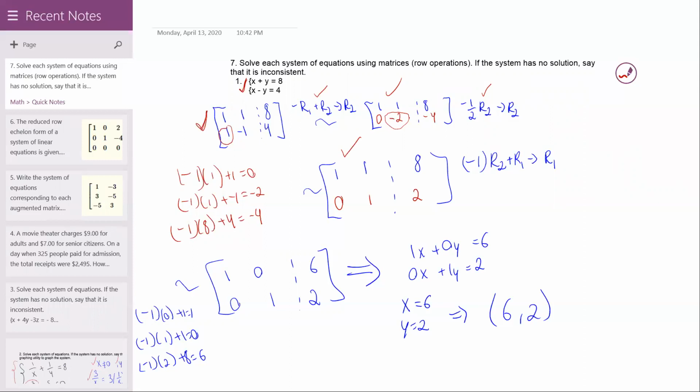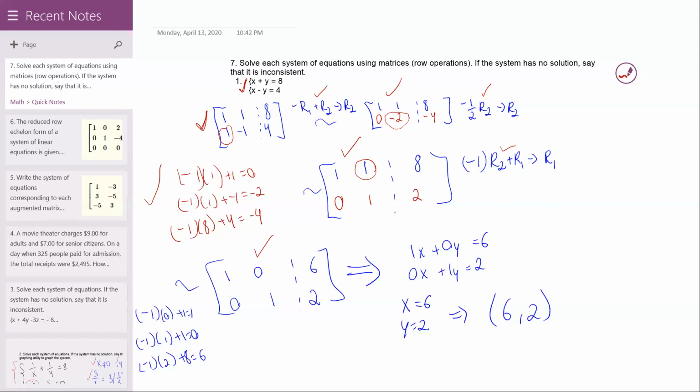And then here we want this number to be a 0 for it to be in reduced echelon form. So we have negative row 2 plus row 1 replace row 1. So here we're sort of doing the reverse of what we have been doing. And here's the work for that. And then you get 1, 0, 6, 0, 1, 2.